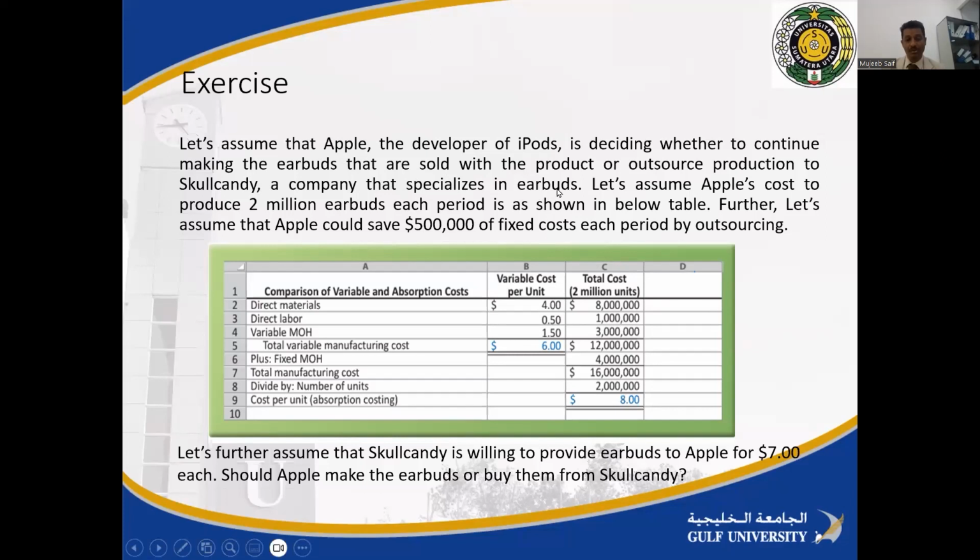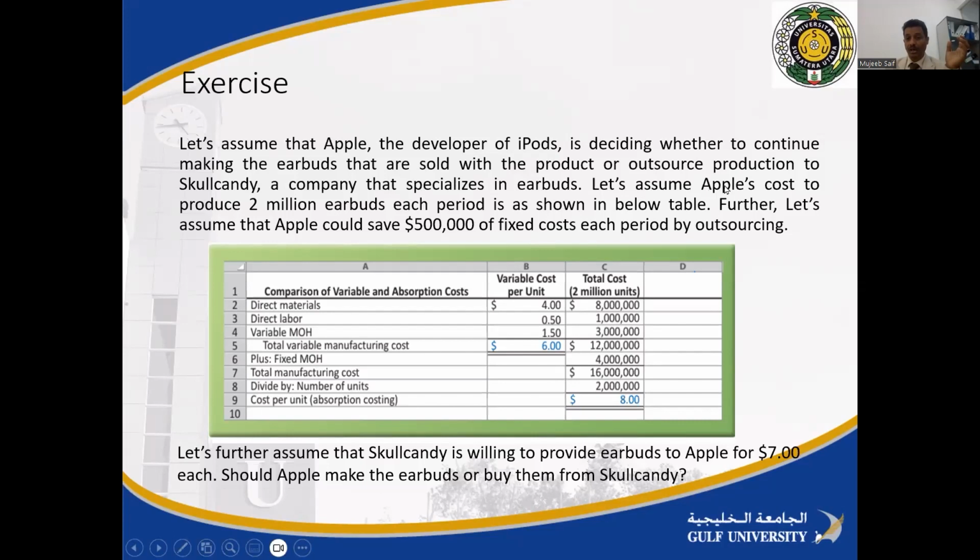So why do we continue doing this in our organization? Why don't we ask this organization to do that? So the idea is that Apple is thinking of asking another company to make the AirBuds for us.